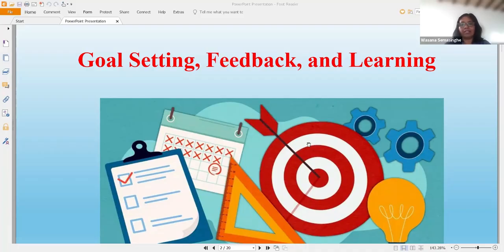Before we learn how to write good goals, let's first understand a few key terms. The first term is goal setting. Goal setting simply means deciding what we want to achieve within a certain period of time. Okay? Then a goal gives us direction and helps us to stay focused.